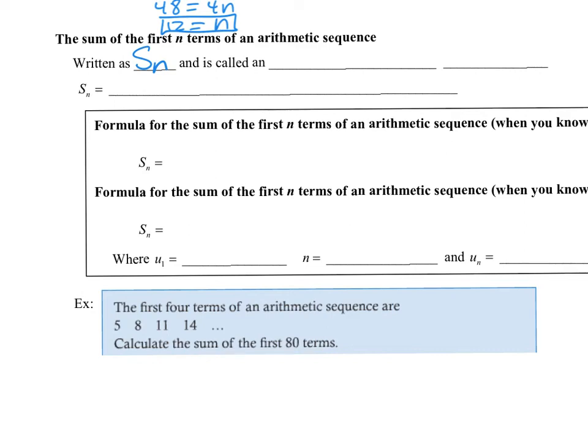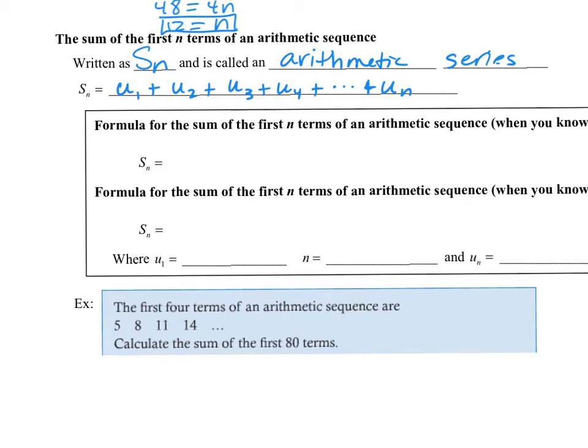When we add up a finite number of terms in an arithmetic sequence, that is called an arithmetic series. So if we have an arithmetic series S sub n, that would be our first term u sub 1 plus the second term u sub 2 plus the third term u sub 3 plus the fourth term u sub 4 plus dot dot dot all the way up to the nth term, so plus u sub n.